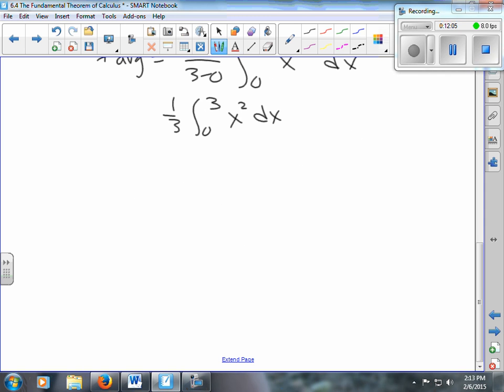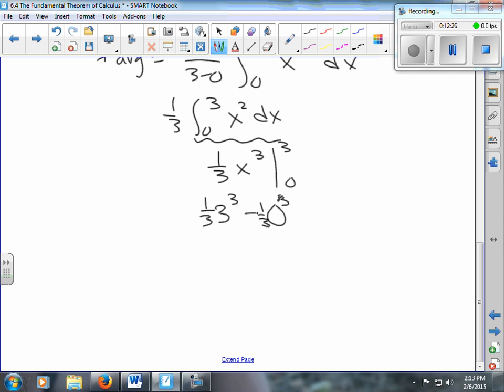Now I know how to do this definite integral. It's an area. I compute the antiderivative and plug in the upper and lower bounds. For the upper bound I get 1/3 of 3 cubed, and for the lower bound 1/3 of 0 cubed.